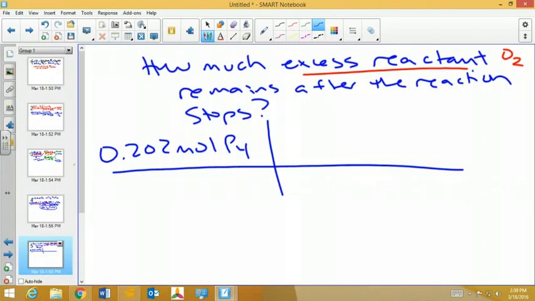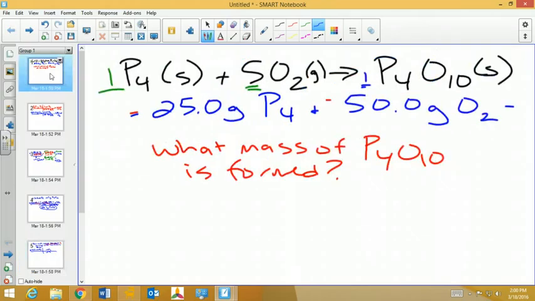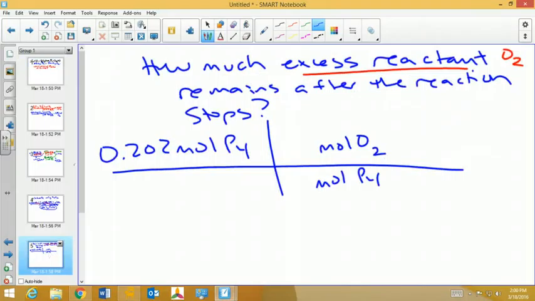So moles of P4, moles of O2. Go to my formula, and I see that I have a 5-to-1 ratio. So 5-to-1. I then change my moles, because of course units always come down.